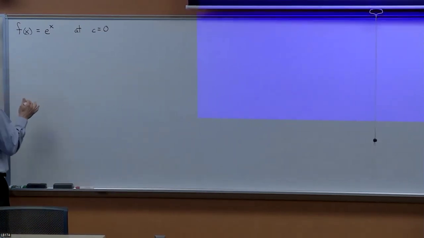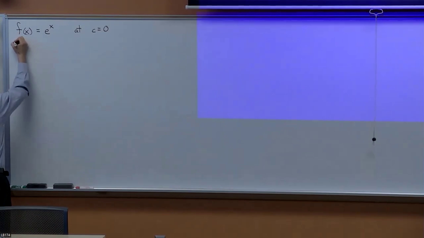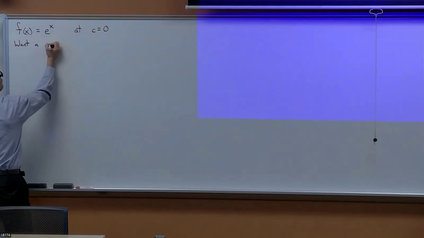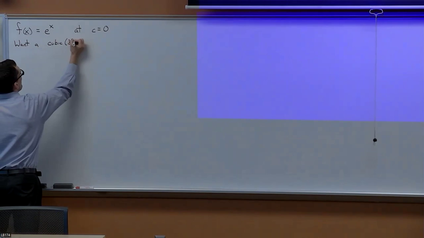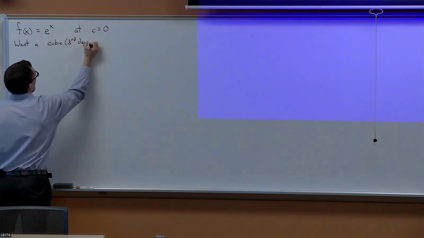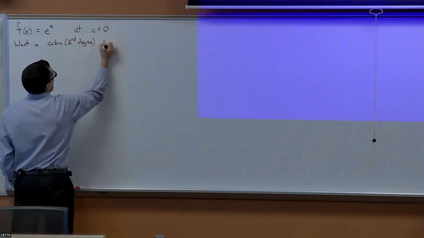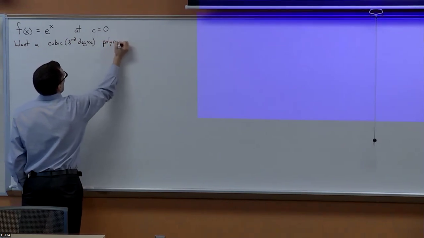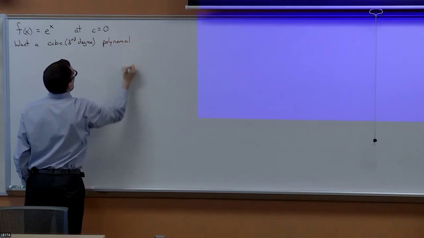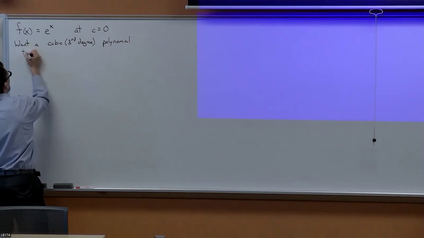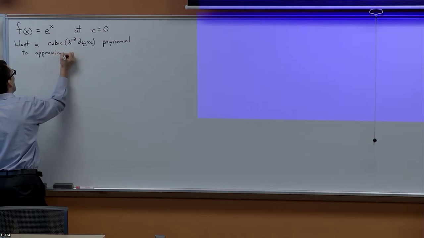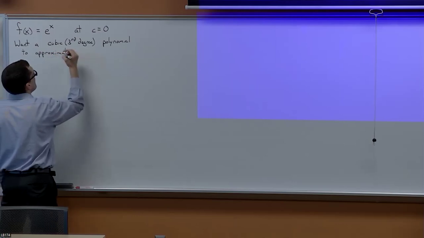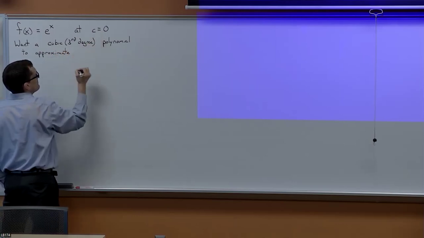So what I do is I say I want a cubic, third degree polynomial to approximate the function near 0.